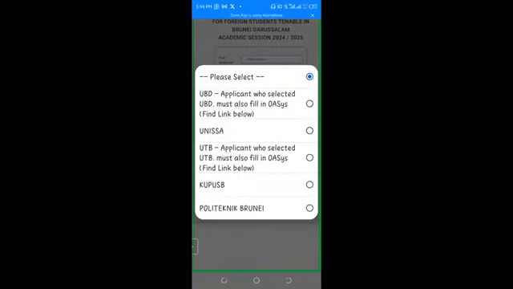They have classifications for this. UBD is University Brunei Darussalam. Unisatu is another university. UTB is University Technical, something like that. We also have Polytechnic Brunei.